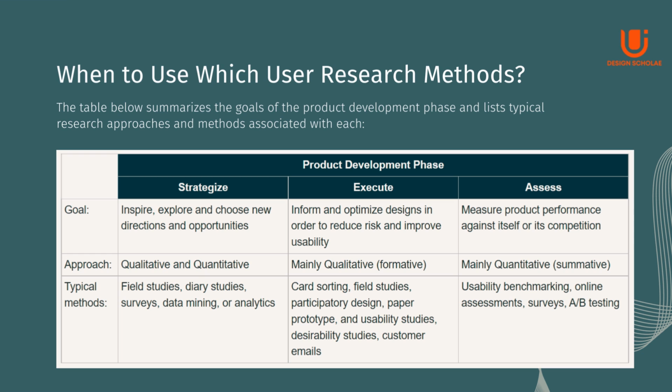Here, the approach could be qualitative and quantitative, and the typical methods could be field studies, diary studies, surveys, etc. In the second stage, execute, the goal is to inform and optimize design in order to reduce risk and improve usability. The approach could be mainly qualitative. The typical methods could be card sorting, field studies, paper prototypes, etc.